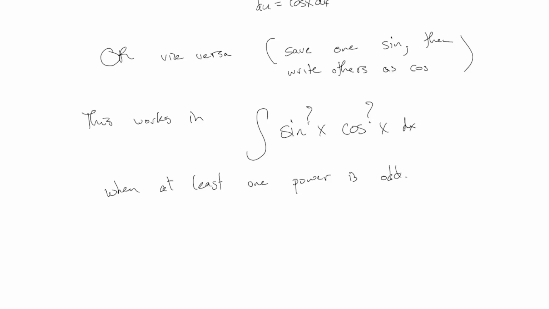If they're both even, actually it requires another weird trick, which probably we'll get to next time. But for now, this trick, the save one trick, works when at least one of the powers is odd. You save one of the odd power.